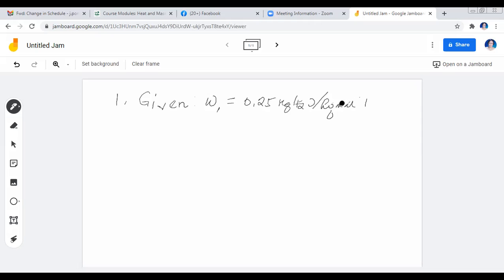I will only write the unit here. For the rest, I will not write anymore because it's really difficult to write on my board. Now, after some time, from this 25% moisture, it was decreased to 10%, so it's 0.10. And it was stated that the equilibrium moisture content is 0.15, still kilogram water per kilogram of material, and the critical moisture content is 5 or 0.05 kilogram water per kilogram of material.